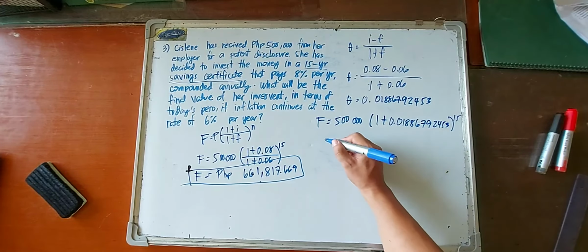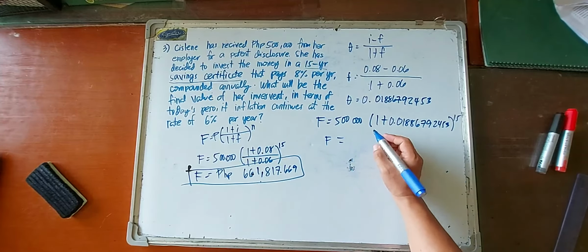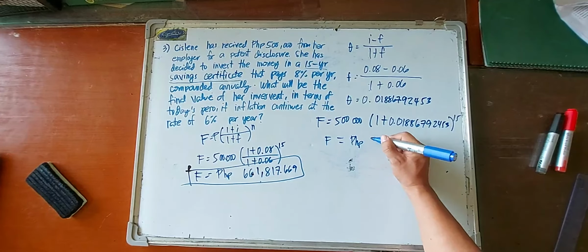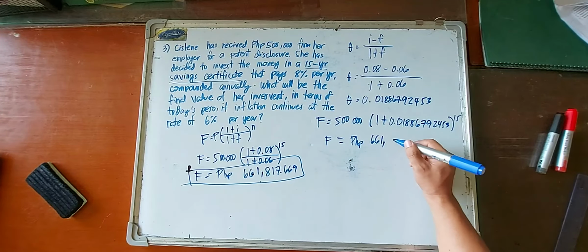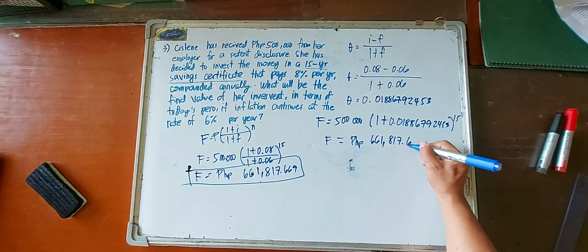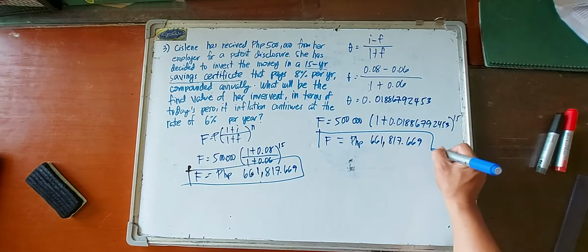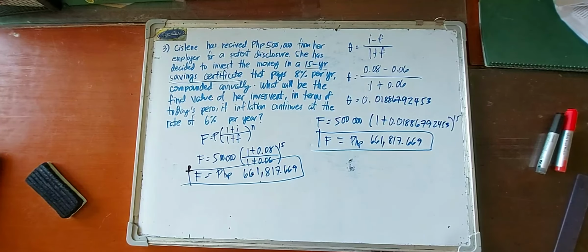Raised to 15, so the future value should be the same, no? We have 661,817.669 pesos. So this would be the value of the investment in terms of today's money or peso.